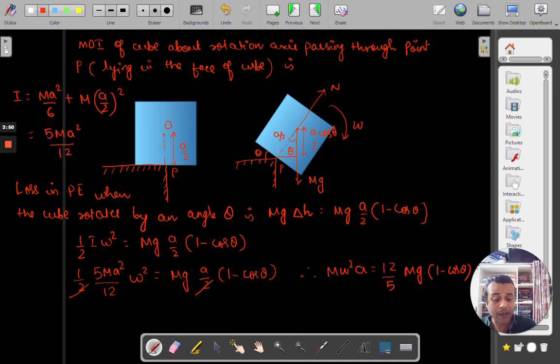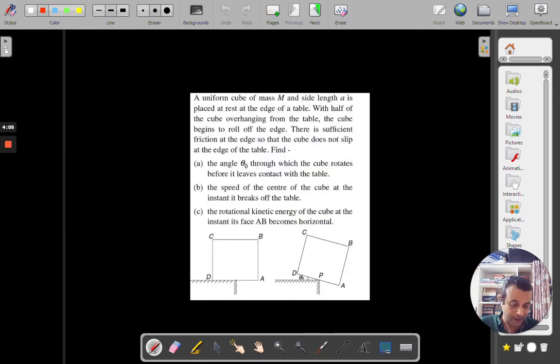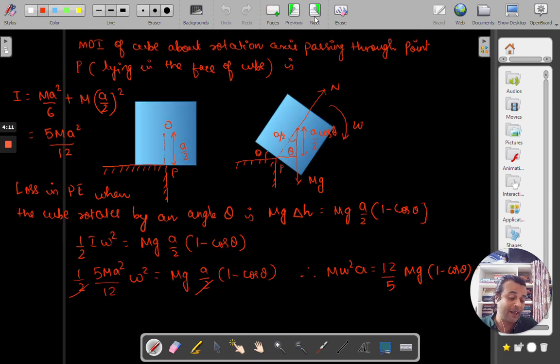And omega, I have shown how the cube will be rotating in the clockwise direction, and what forces are acting on this cube: mg and the normal reaction. As it's asking for the angle theta through which the cube rotates before it leaves contact with the table, we know that when it leaves contact with the table, the normal reaction will be 0.